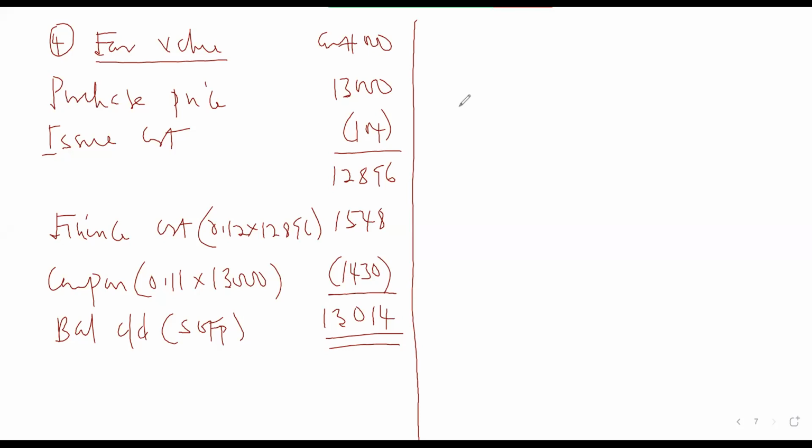It's 0.8 divided by 100, which will give you 0.008. The company incurs an issue cost of 0.8%. Oh, okay, 0.8%. That will give you 0.008 times 13,000. I'm getting 104. Can someone confirm that? All right, it's correct.